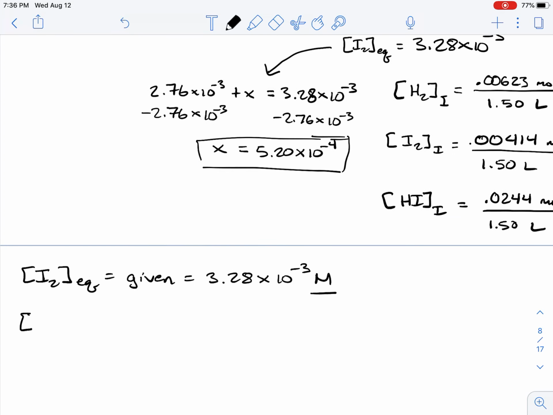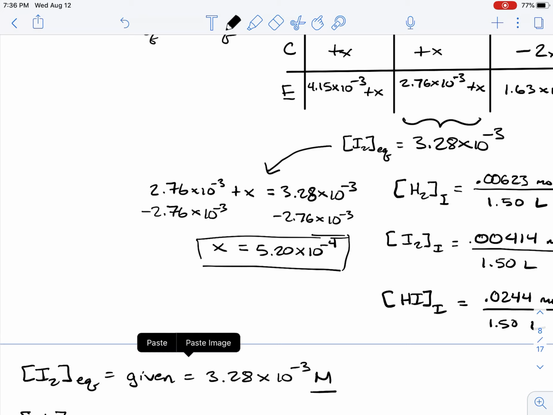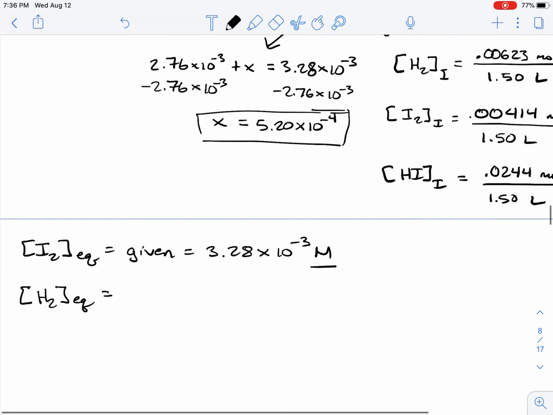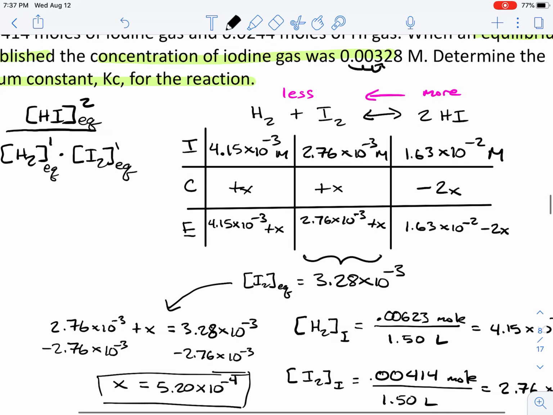And so the equilibrium concentration of H2 is expressed as 4.15 times 10 to the negative 3 plus x, which is going to be 4.15 times 10 to the negative 3 plus 5.20 times 10 to the negative 4. Okay. And so I just grabbed that from this expression.